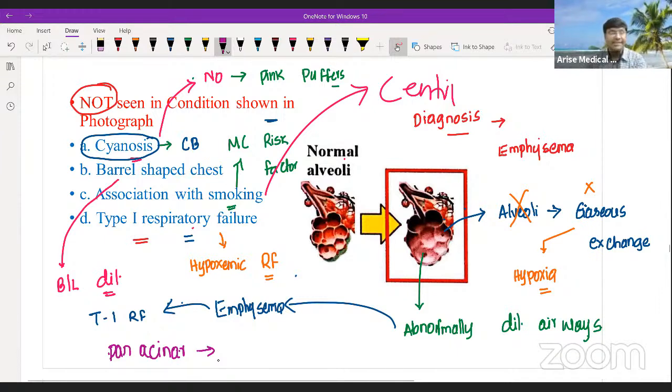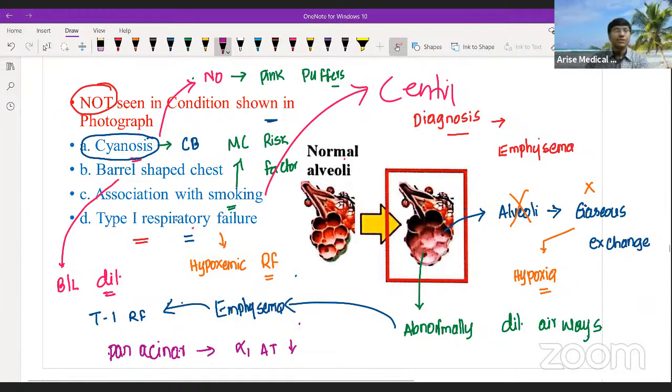Panacinar emphysema is seen in alpha-1 antitrypsin deficiency. But the risk factor which has been given is smoking, and in smoking you will have centriacinar emphysema.